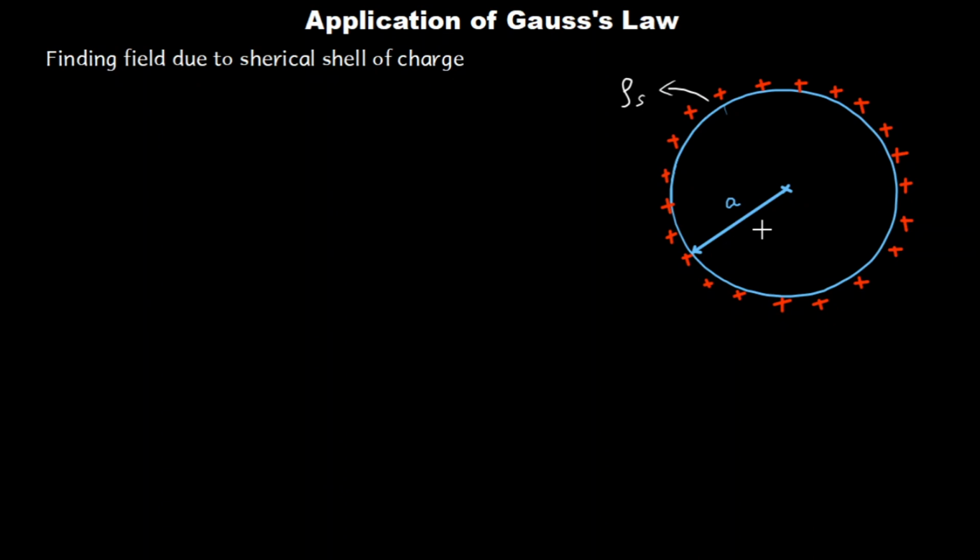So let me first consider the case of point P outside the shell. What if I need to find electric field intensity at a point P which is just outside this spherical shell of charge? So let my point P be somewhere here outside the shell. Now since this is an application of Gauss's law, we have to choose a proper closed surface which will enclose this shell charge.